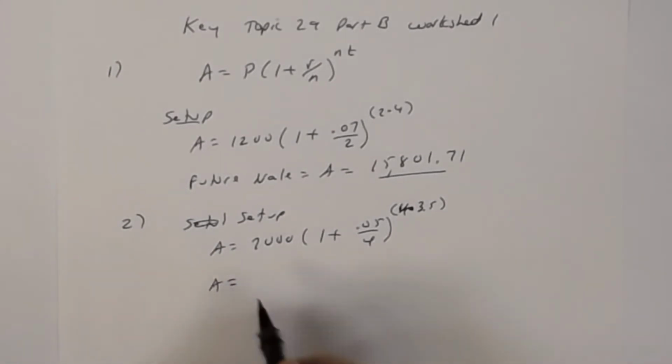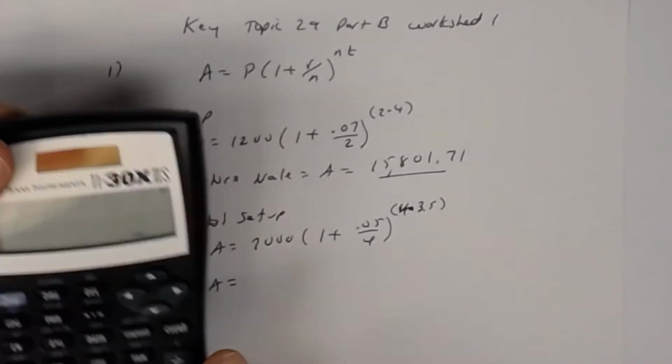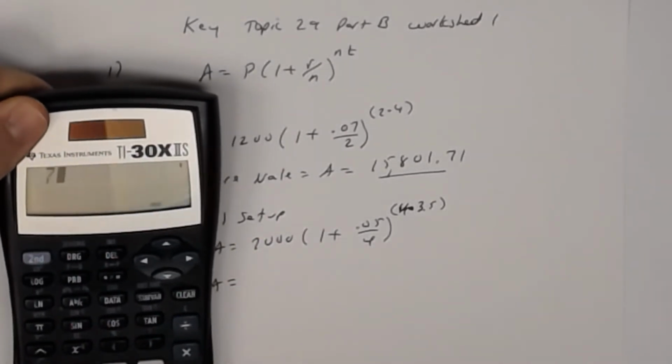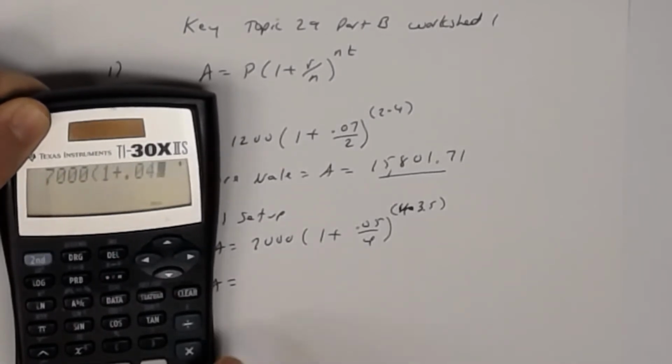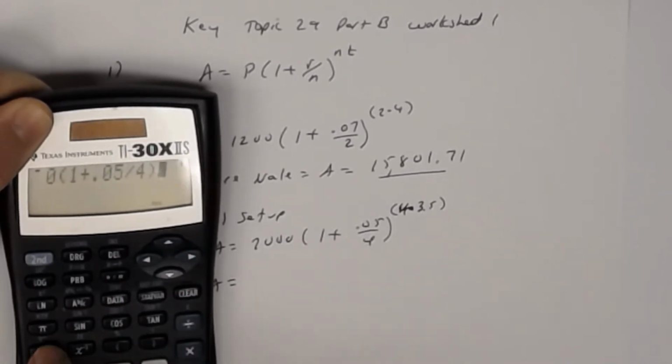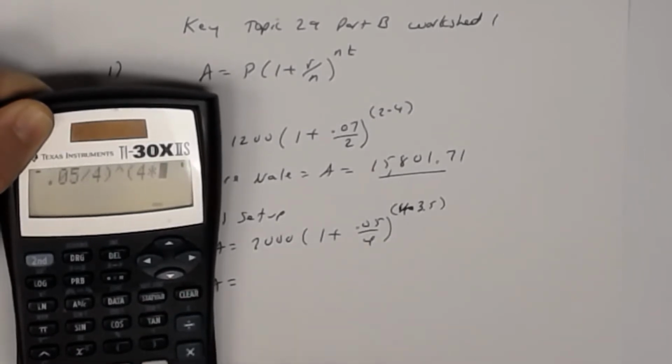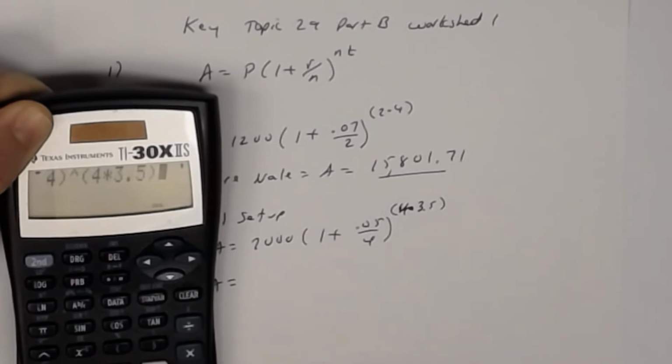Now we're going to use our calculator to find the accumulated value A. On your calculator, you say 7,000 times, in parentheses, 1 plus 0.05 divided by 4, close the parentheses. You raise that to, in parentheses, 4 times 3.5, close the parentheses, and press equal.